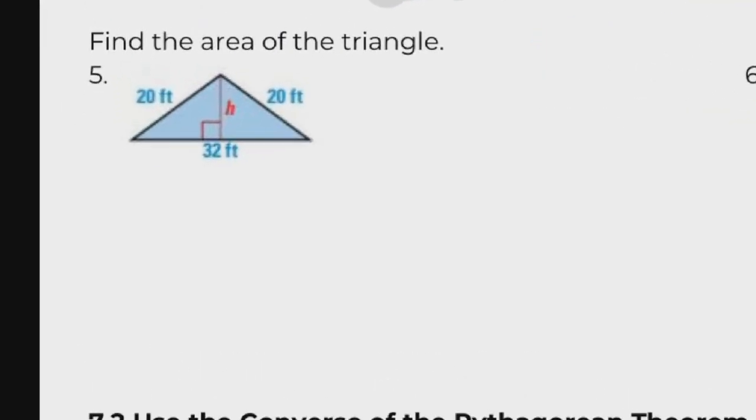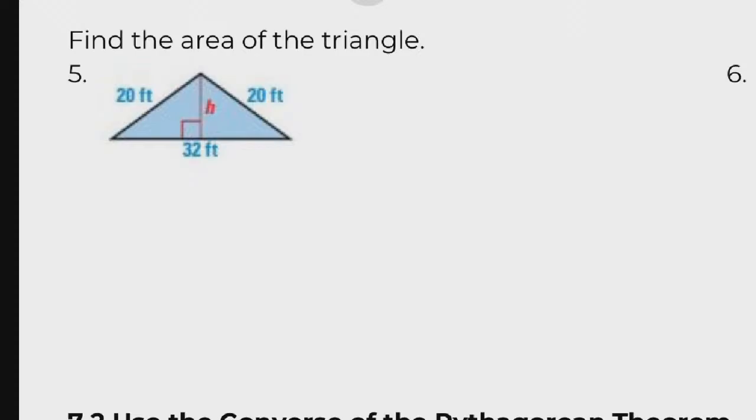Okay, this last section we want to find the area. So we have to find the height, which is h in red here. We can create a triangle here that is a right triangle. So 20 would be the hypotenuse, and it would break up the base into 2 equal pieces. So this would be 16 and this would be 16, because 16 plus 16 is 32.